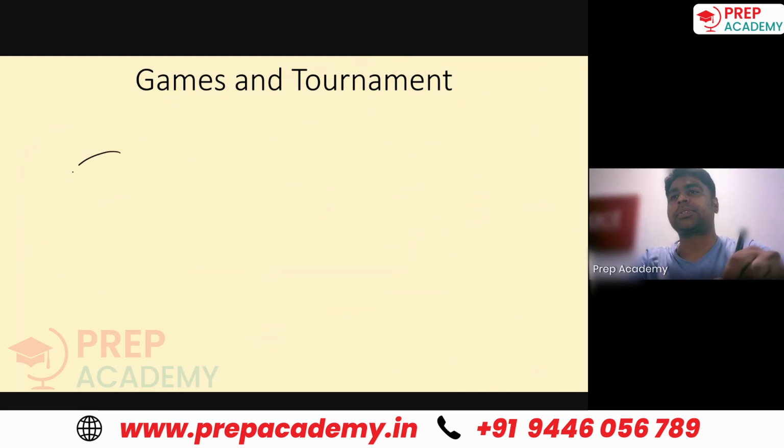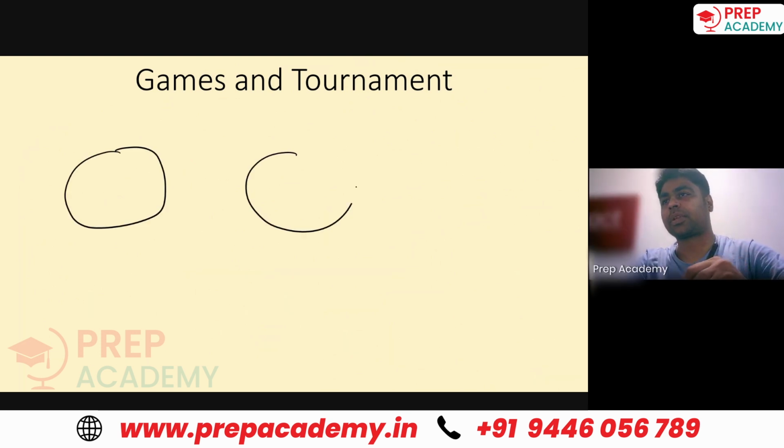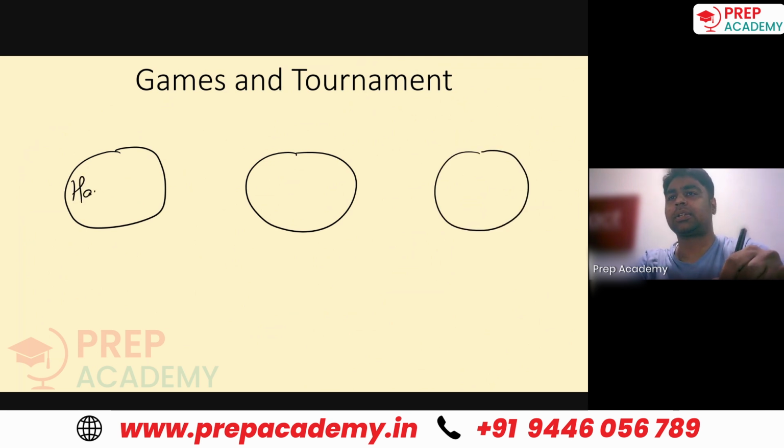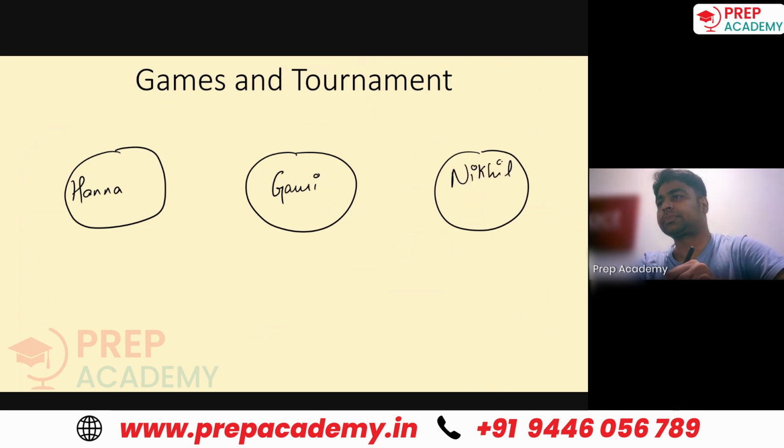Okay. So if I say we have three people, one is Henna, then we have Gauri, and then there is Nikhil. Henna sells a particular item to Gauri at a profit of 20%, and Gauri sells to Nikhil at a profit of 25%.